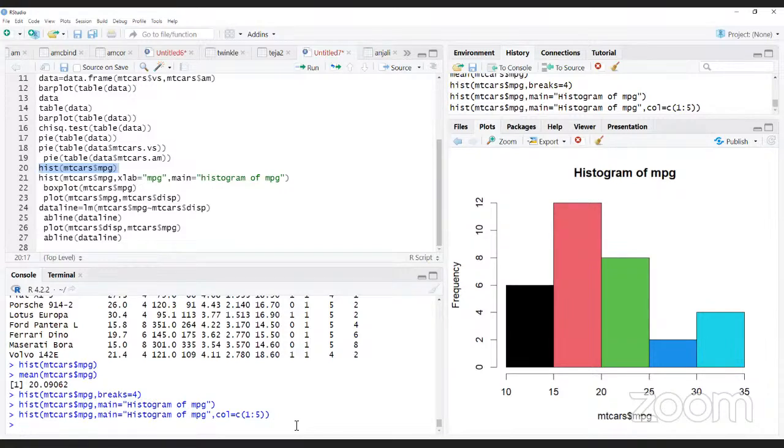So in this manner, you can get this information. Now you go to this column, sorry, your line number 11.